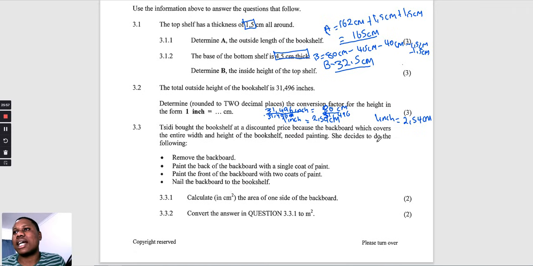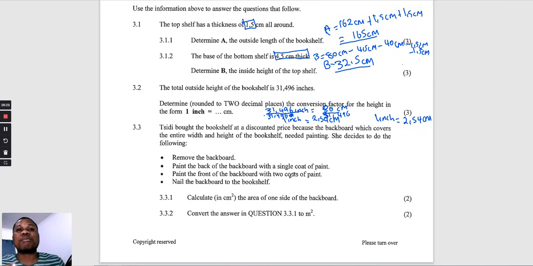She decided to do the following: remove the backboard, paint the back of the backboard with a single coat of paint, paint the front of the backboard with 2 coats of paint. Meaning that one side is going to be painted once and the other side is going to be painted twice.